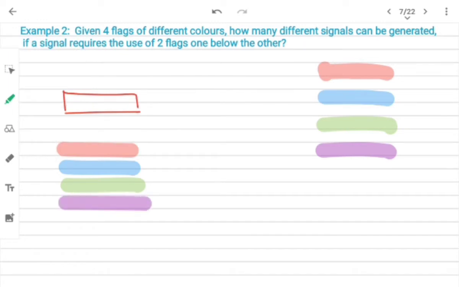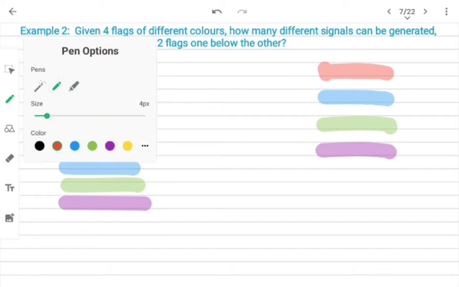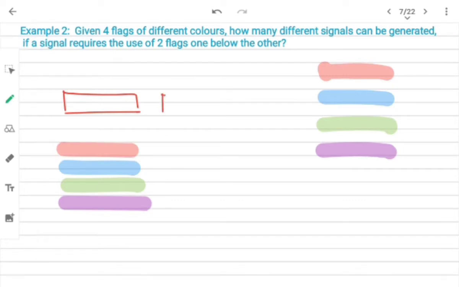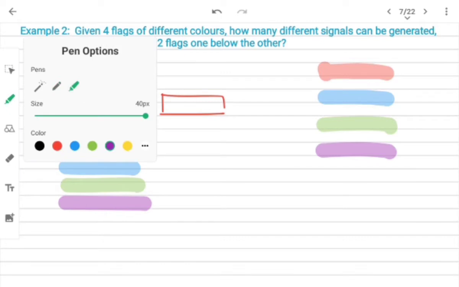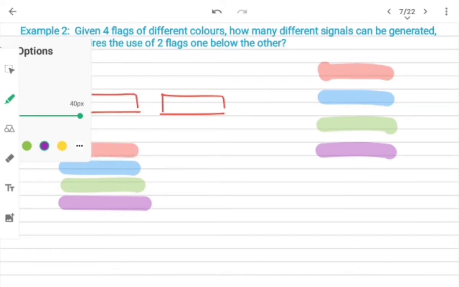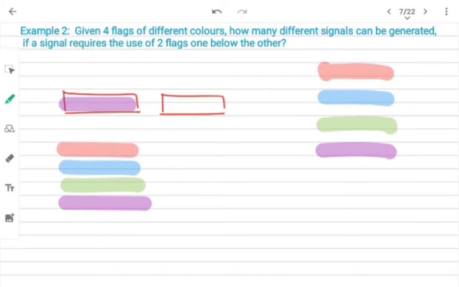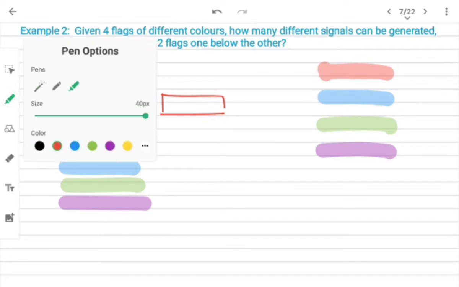So totally I have 4 colors to be placed in this one. For the other flag, once I have placed one color flag over here, for example, if I place a purple over here, then what are the remaining colors left out?